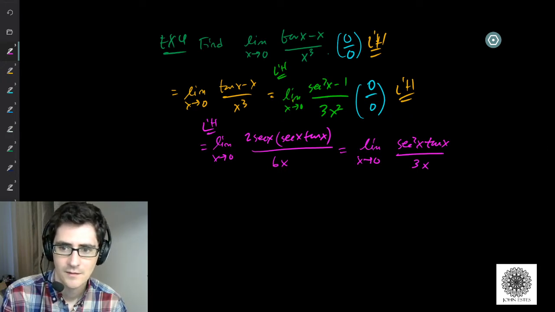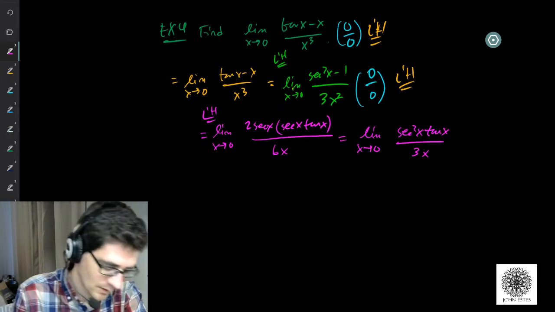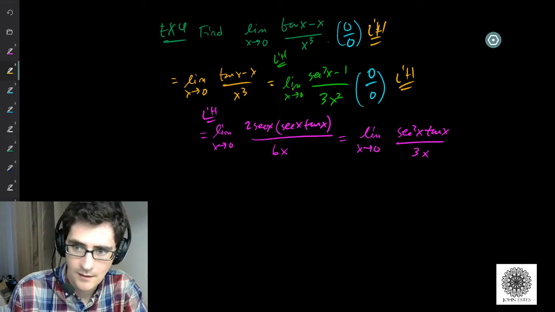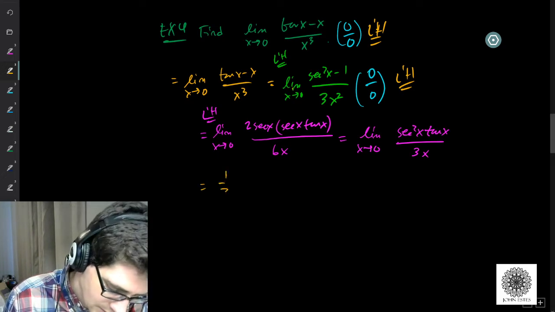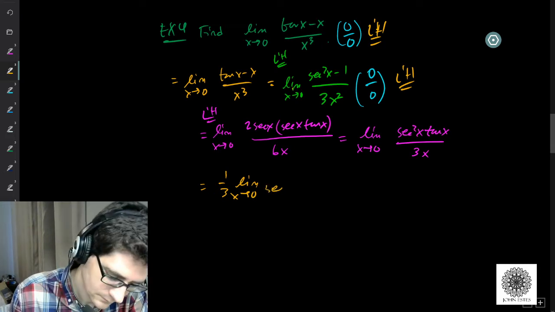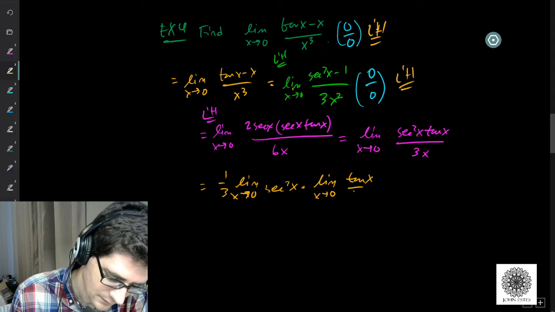Okay, from there, what am I allowed to do? Okay, so I'm going to pull this apart a little bit, and I end up with 1/3 the limit as x approaches 0 of secant squared, times the limit as x approaches 0 of tan x over x.